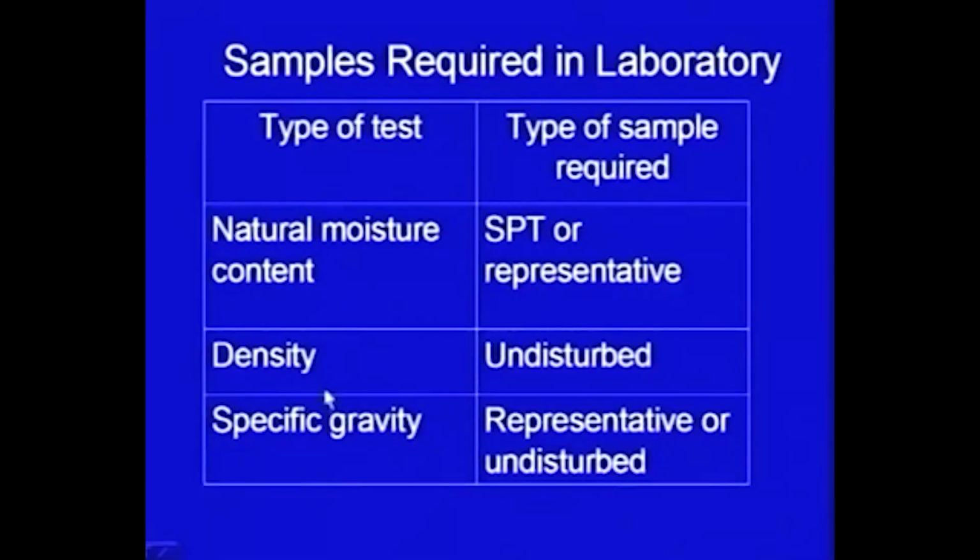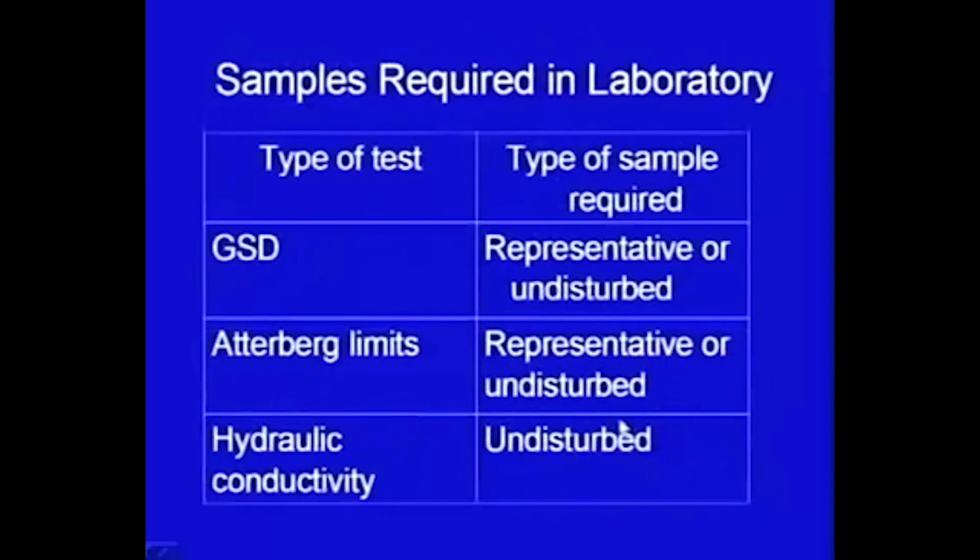If we want to get density, then the sample should be an undisturbed sample. If you want to get specific gravity, then a representative sample or undisturbed sample is required. For getting the grain size distribution curve, we should have a representative sample or undisturbed sample. For getting the Atterberg limits, liquid limit and plastic limit, we should have a representative or undisturbed sample.